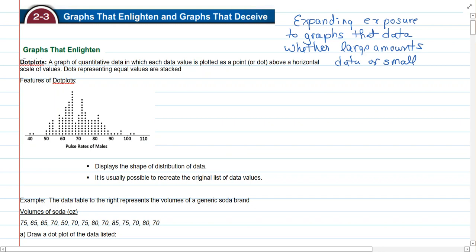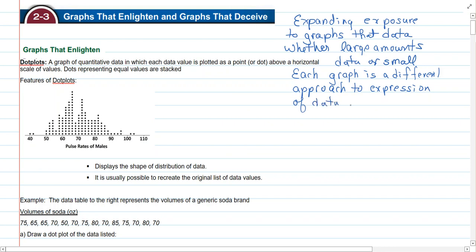Each graph is a different approach to expression of data for effect, or, as the title said, enlightenment.